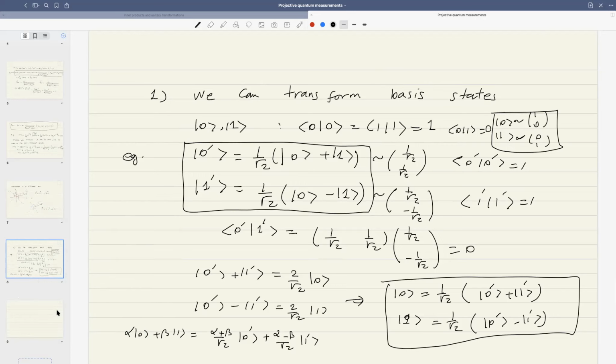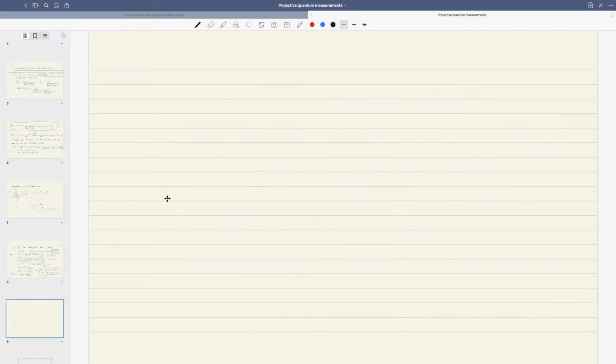Then there was this correspondence between 0 and 1 and measurement outcomes.